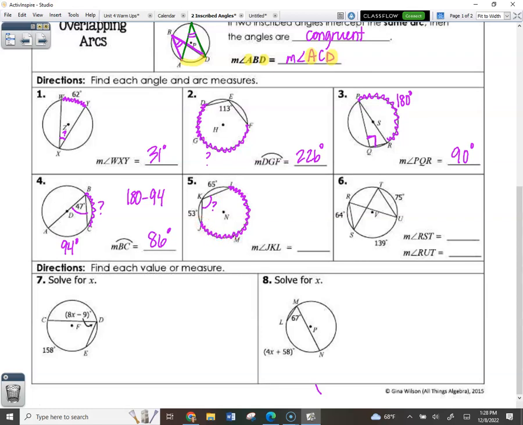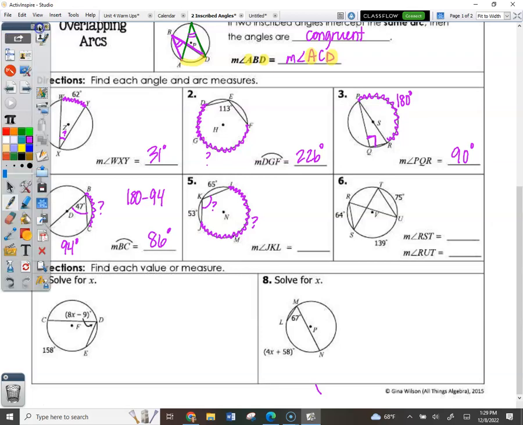Do I know it? Off the top of my head, no. But can I find it? Yes. If you pay attention to that whole circle, you know the rest of the circle, right? You know the 53 and the 65. So the only chunk missing is the one I just shaded, which is why shading really helps.